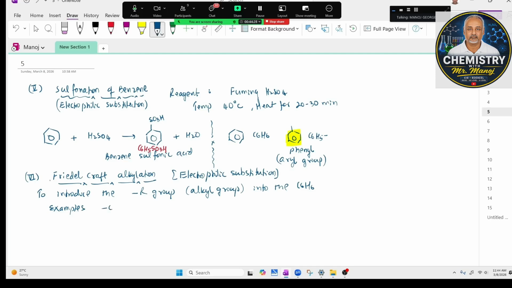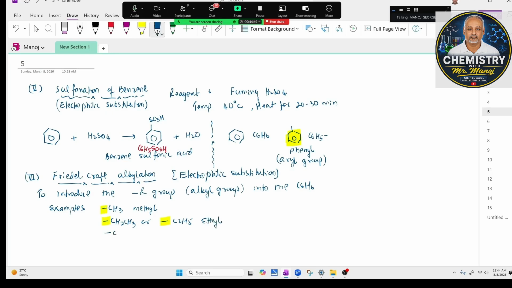For example, I have CH3, that's called methyl group. CH2CH3, which could be written as C2H5. This is not just a dash, this is the empty bond which is going to connect to the ring. This is called the ethyl group.